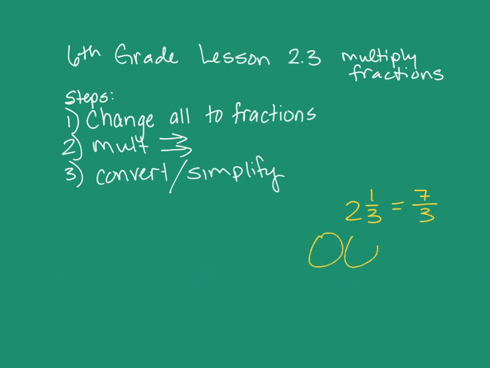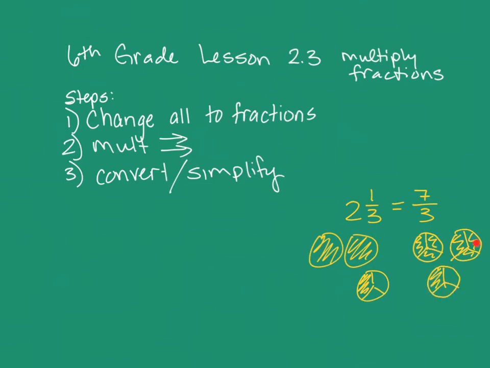If your brain needs to see it, let me just show you. There's 2 full and another cut into thirds, one of those pieces. That's 2 1/3. I have a pizza cut into thirds here. I need 7 pieces. Well, there's only 1, 2, 3 of those, so I'm going to do another. 4, 5, 6, so I'm going to do another. 7.